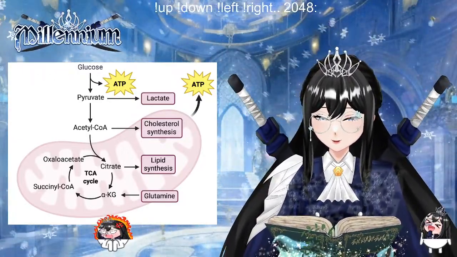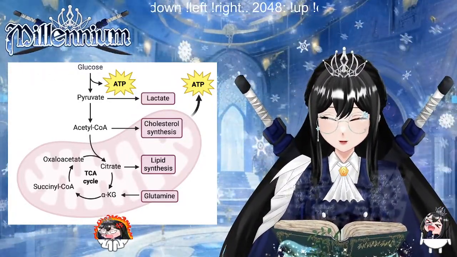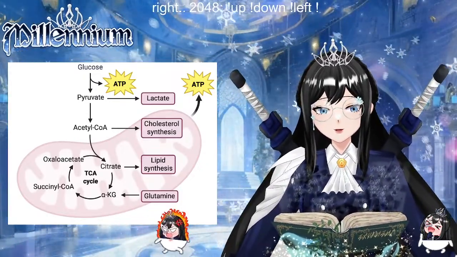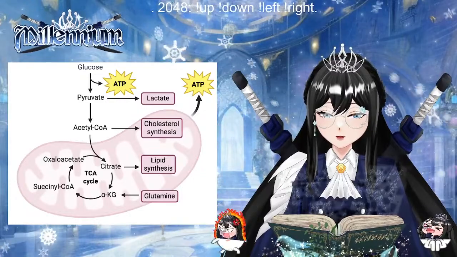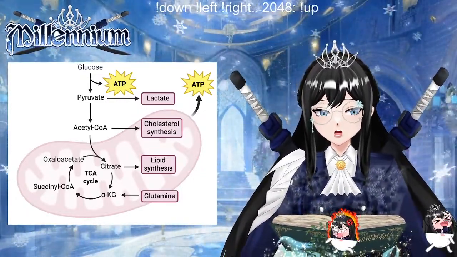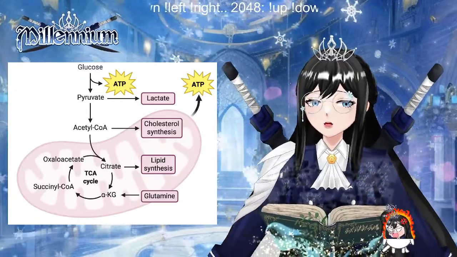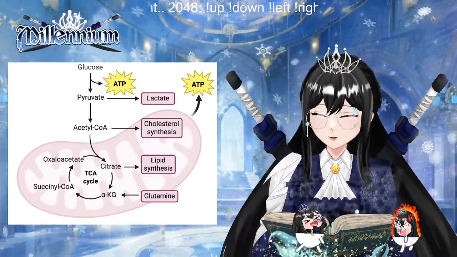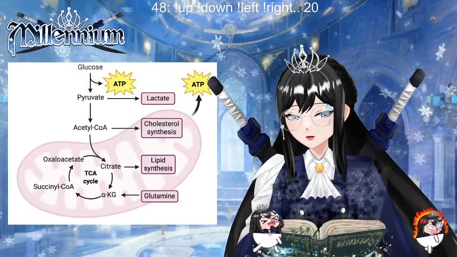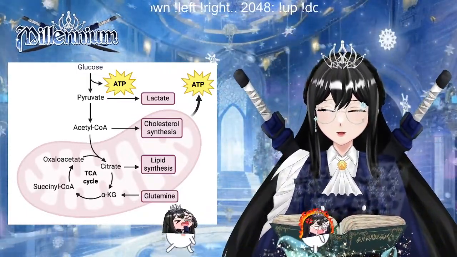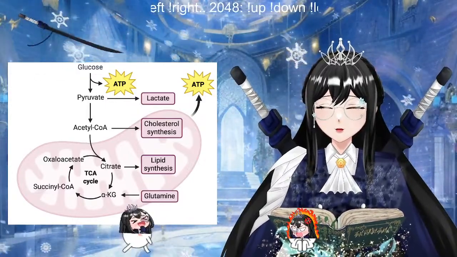Glycolysis, we talked about this part, and these are very, very specific steps. But this one has the enzymes. So we have glucose, with hexokinase, going into glucose 6-phosphate.